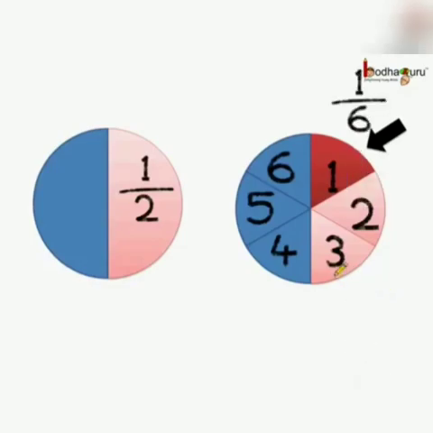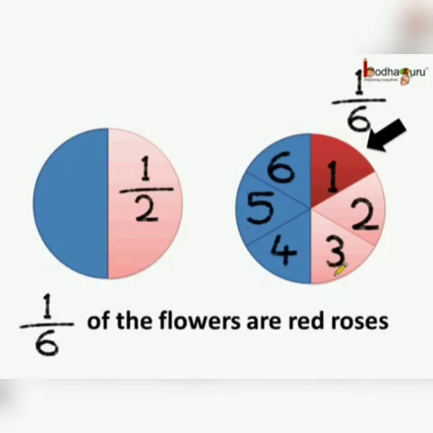So we can say 1/6 part of the total is equal to red roses. See, only one part out of the 6 parts. So 1/6 of the flowers are red roses.